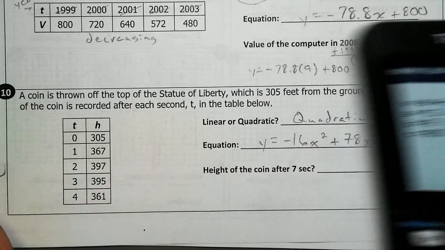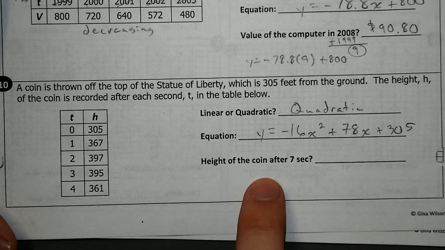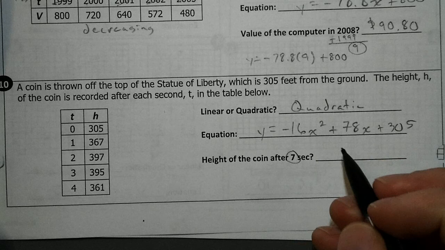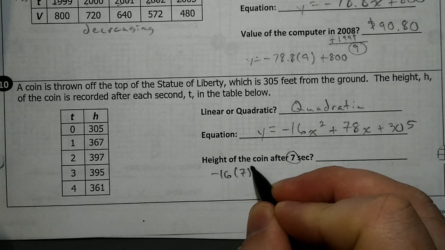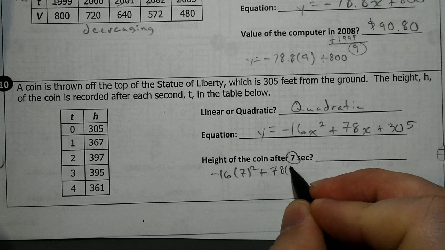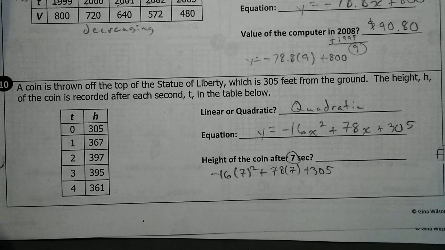Cool, we got it. Now it asks for the height of the coin after 7 seconds. So we need it after 7. We're going to take the 7 and we're going to plug it in for x. So it would be negative 16 parentheses 7 squared plus 78 times 7 plus 305.